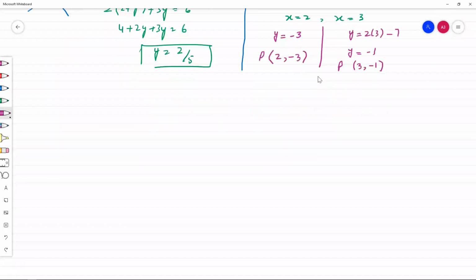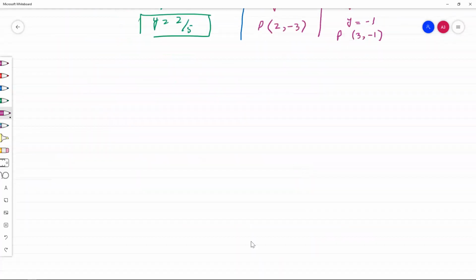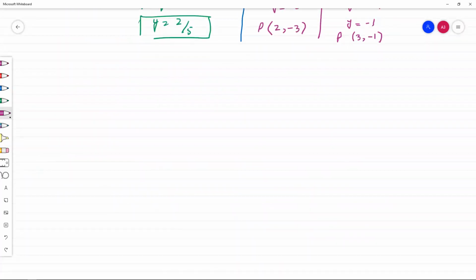So let's take one more example. The next question is y is equal to x square minus 2x minus 1.